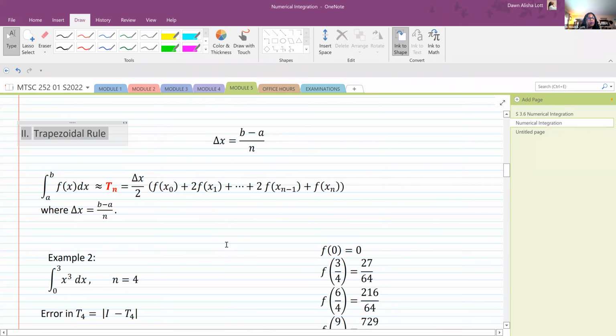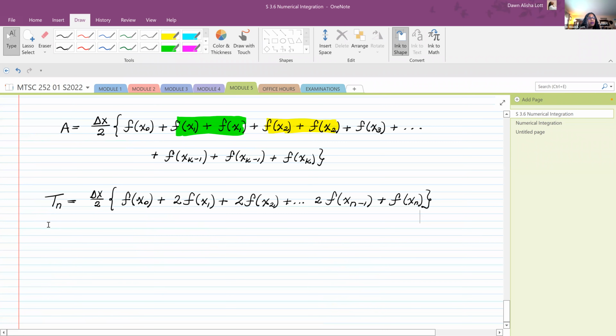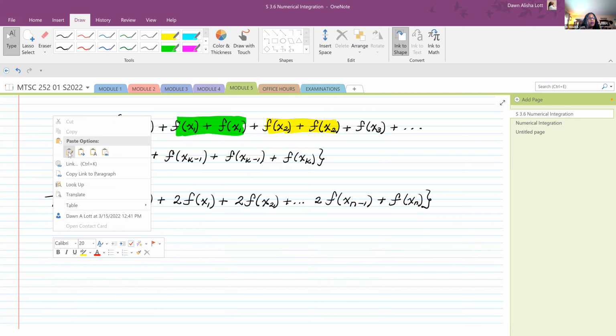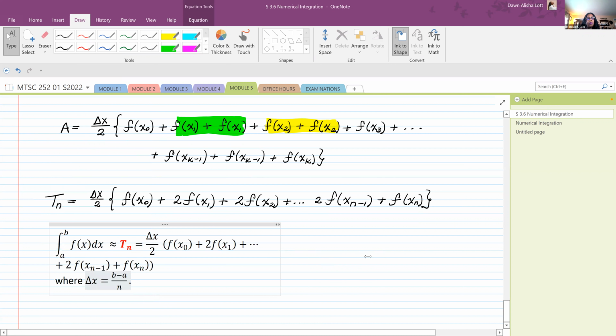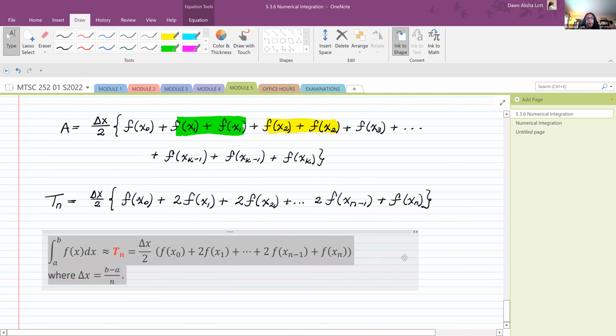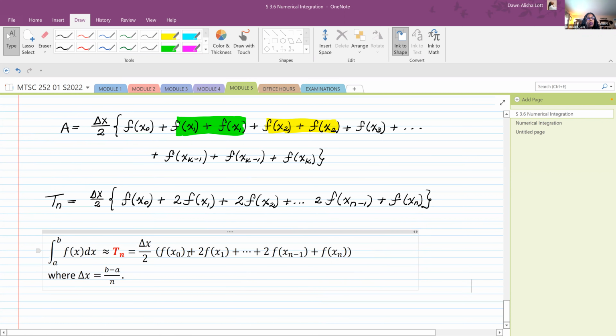So here's my trapezoidal rule. The integral is approximated by Tn, which takes delta x over 2 and sums f evaluated at each one of the endpoints, where you get 1 of the first one, 1 of the last one, and 2 of all the ones in between, where delta x is b minus a over n.